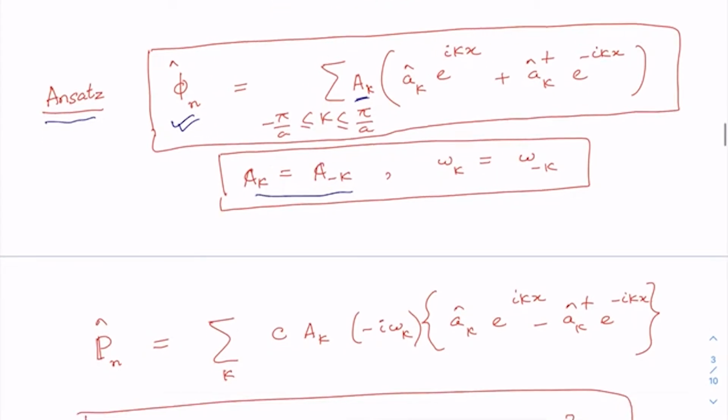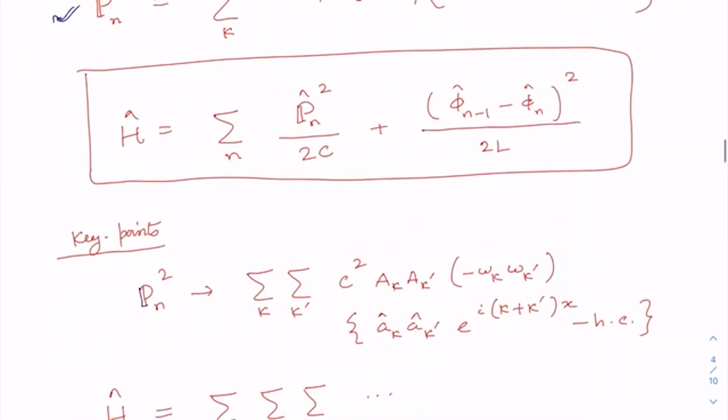Then we put this expression for the magnetic flux as well as the momentum in this Hamiltonian. There are tedious calculations, but they are straightforward; we did not do them here, but they can be done as in the problem solving session. When you square P_n, you get this kind of a term, and you have to sum over two k's, k and k′.